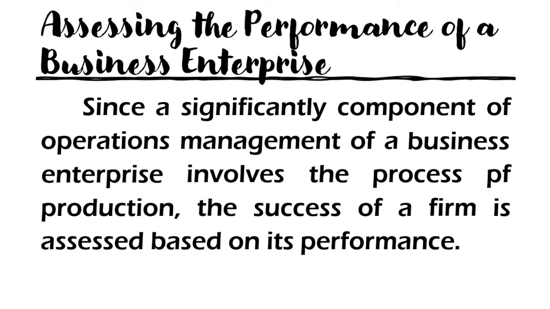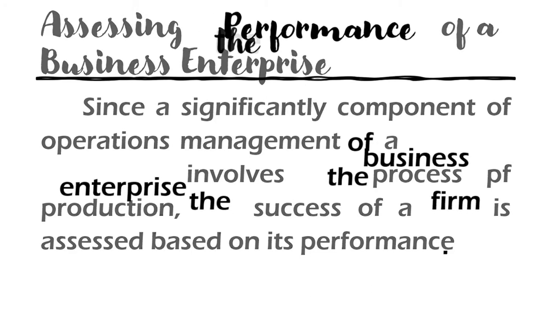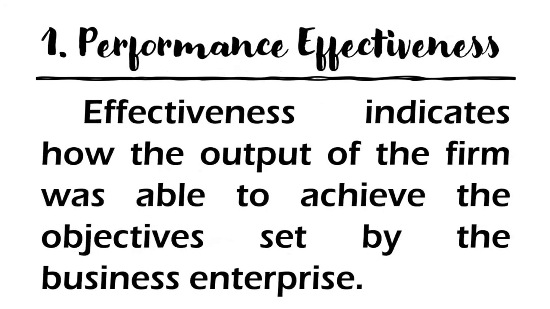So, paano nga ba? Una is yung tinatawag natin na performance effectiveness. Okay? Yan yung first level in evaluating the performance of a business. So, effectiveness indicates how the output of the firm was able to achieve the objectives set by the business enterprise.